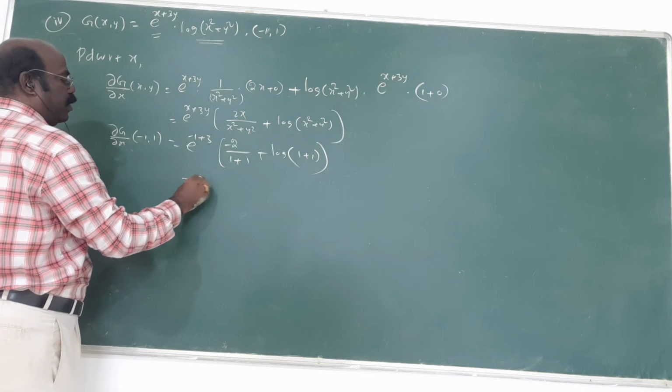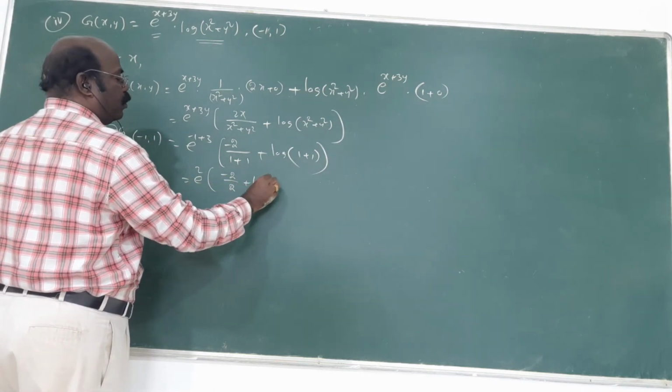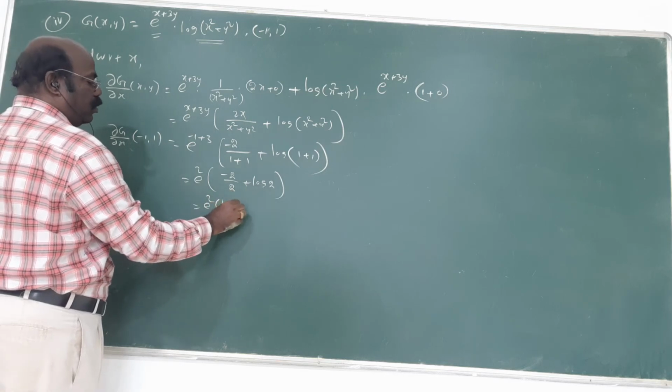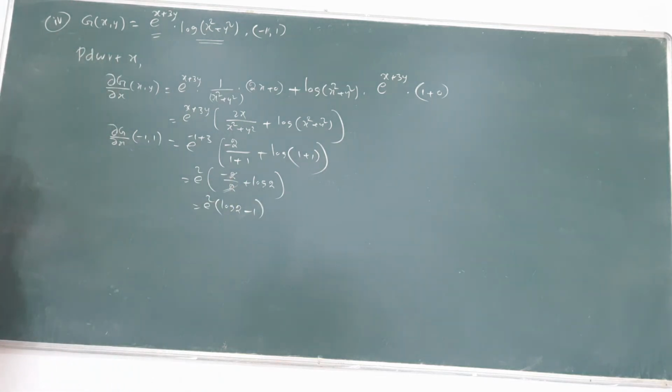Now solve: e power 2 into minus 2 by 2 plus log of 2. E square into log 2 minus 1 is the answer. Okay? By using the UV formula, because x is involved in the first term as well as the second term, in this way you will find dou g by dou x.